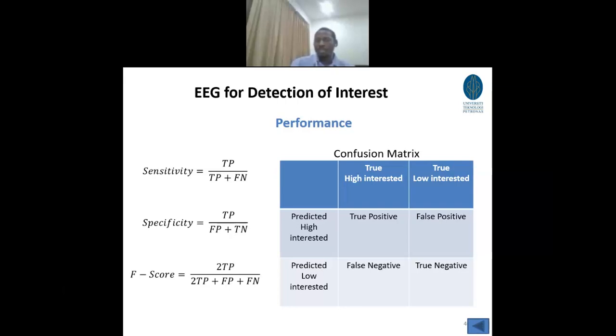That means if, for example, we build a system to differentiate between high interested and low interested, and then we use the score that they have, to see how good our system is, we can just report it in terms of accuracy. Or we could include as well some of these values: the F-score, specificity, and sensitivity. This is just to remind that whatever you develop at the end, we need to check how good it is.